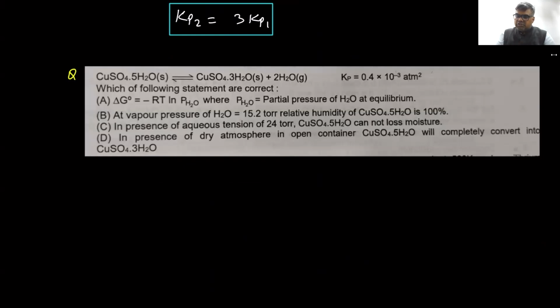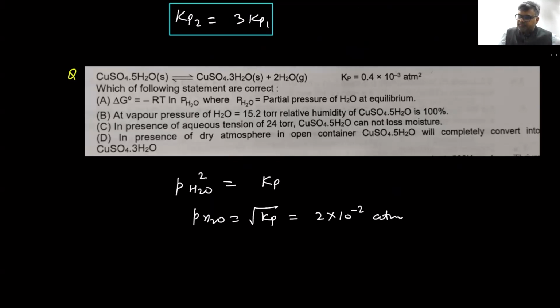Which of the following statements is true? Once this equilibrium is established, you can see the two substances are pure solids. So I can write the active mass of water square will be equal to Kp. So the partial pressure of water at equilibrium will be root over Kp, which is 2 into 10 to the power minus 2 atmosphere.